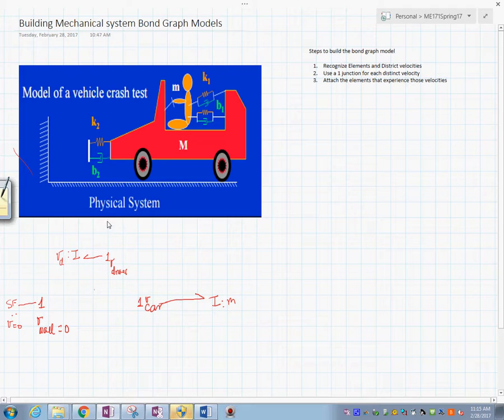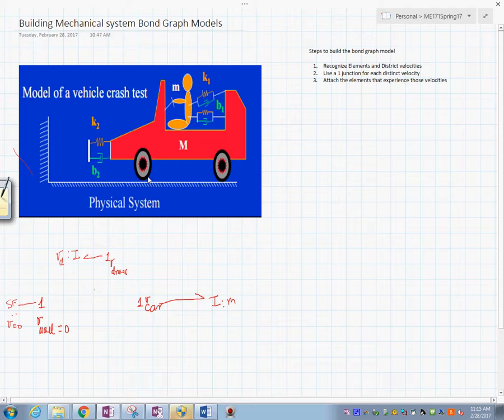So you see, in between here, you have the seat belt between the car and the person, and you have this bumper between the wall and the car. So those are relative elements that are in between.